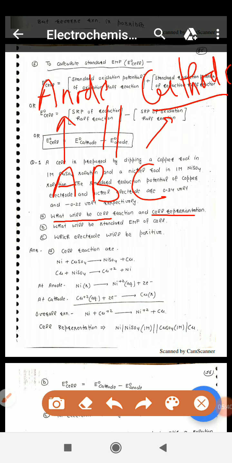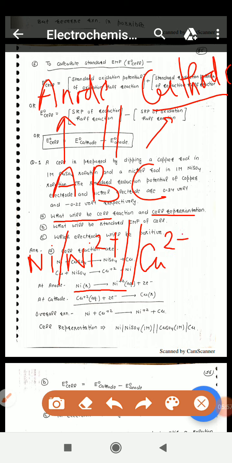So first write the anode reaction: nickel converted into nickel 2 plus. So nickel, separated by a slash sign, nickel 2 plus, then for the salt bridge two parallel lines, copper 2 plus, then it is converted into copper.